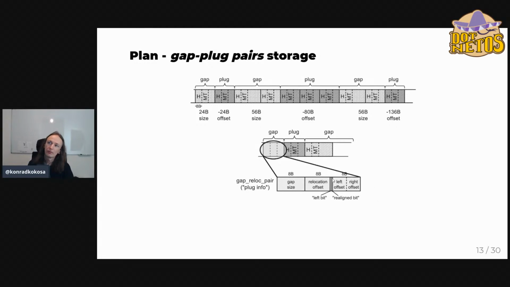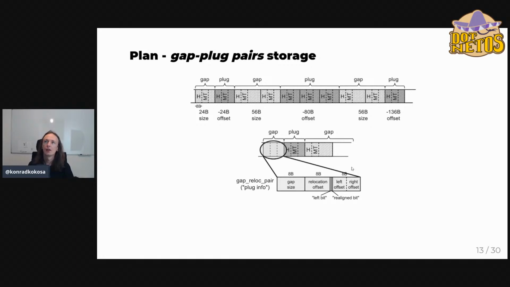Then we also use the next 8 bytes for the left-right offset, which I will cover soon, along with why we are using these offsets. So in the end, all this plug info takes 24 bytes in case of a 64-bit runtime. 24 bytes for storing a plug info before every plug at the end of the preceding gap.